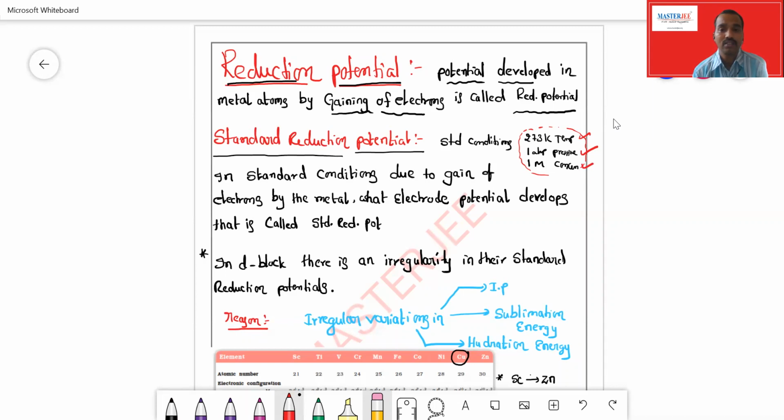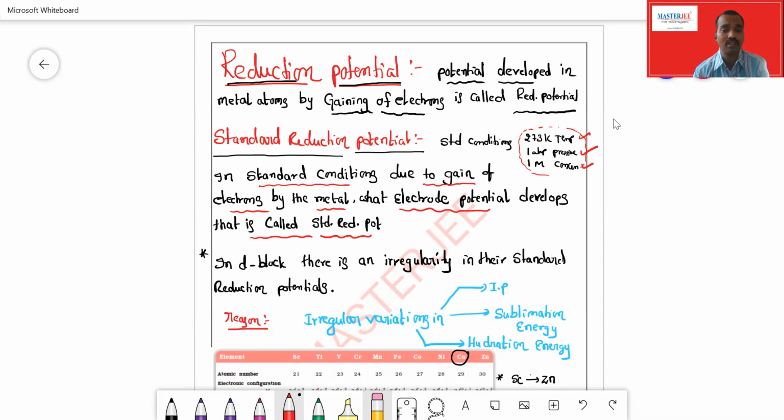That means gaining of electrons takes place by the metal in these standard conditions, and that is called the standard reduction potential value.